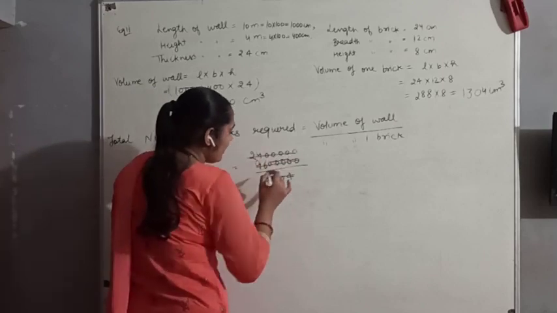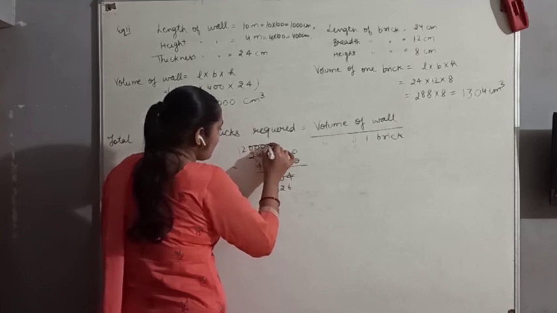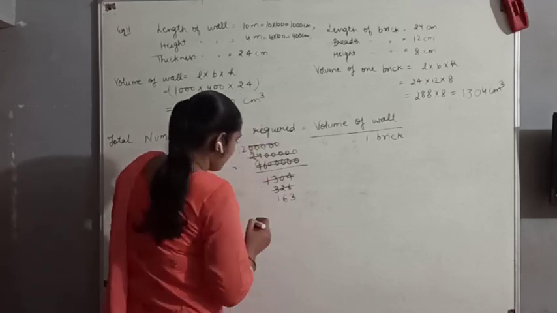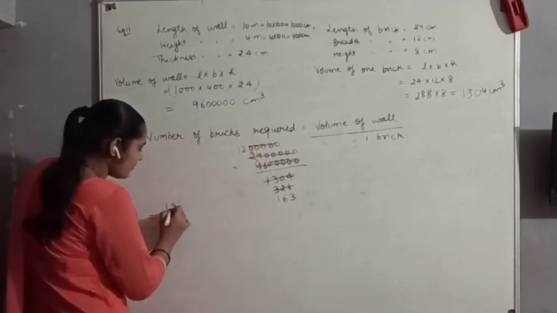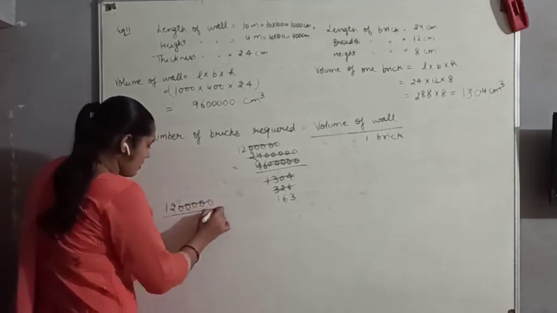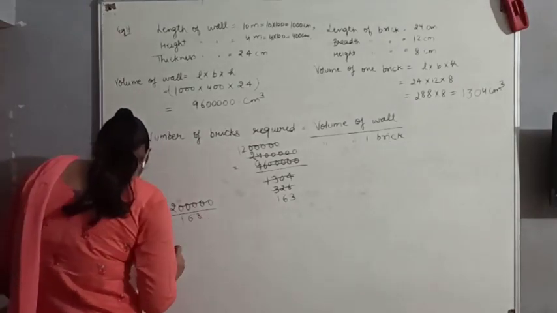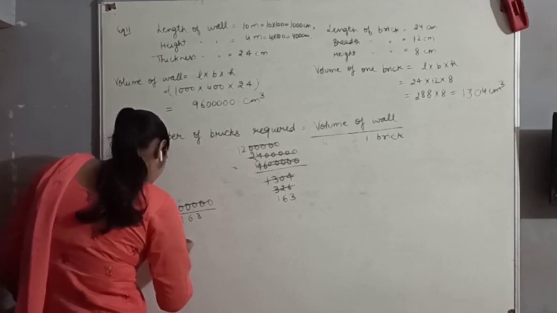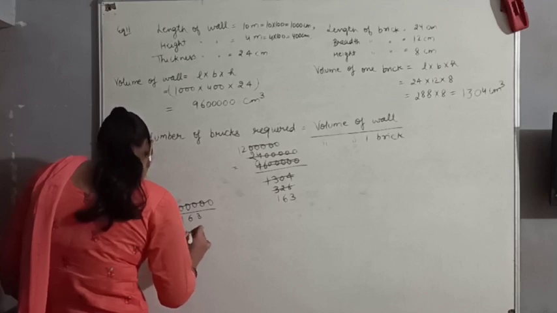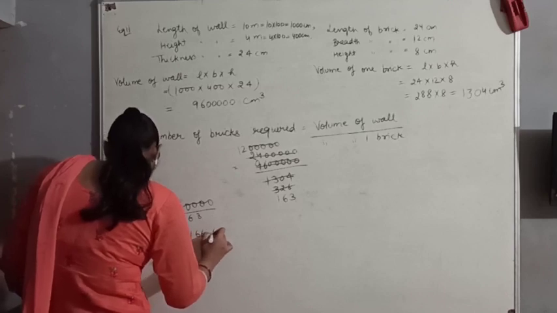Again divisible by 4, so 12 lakh divided by 163, that will be equal to 4166.6.